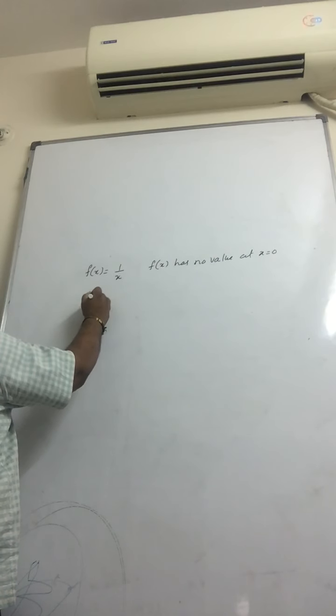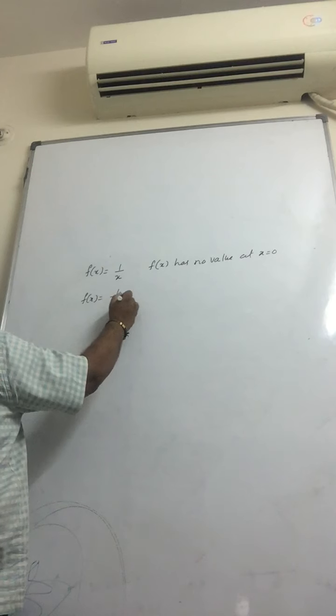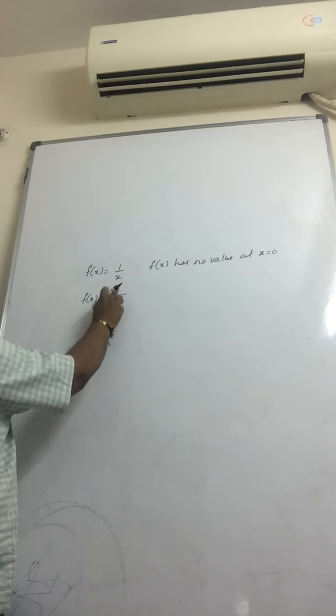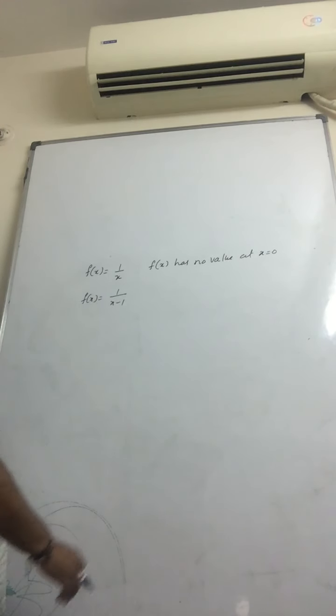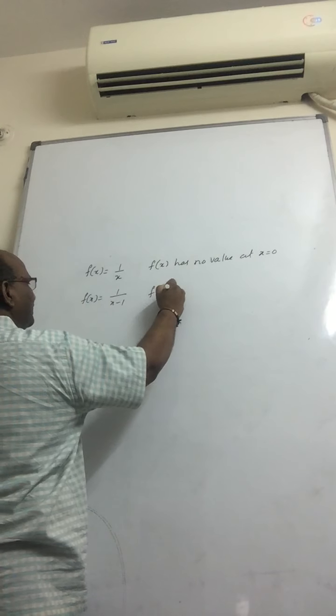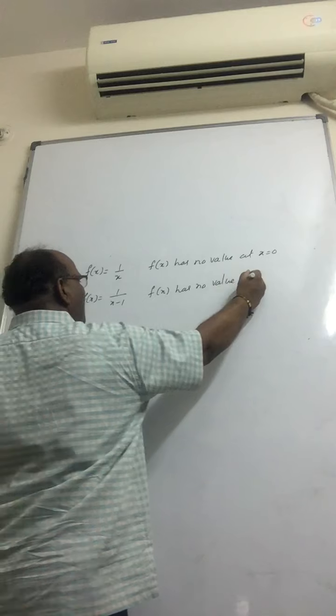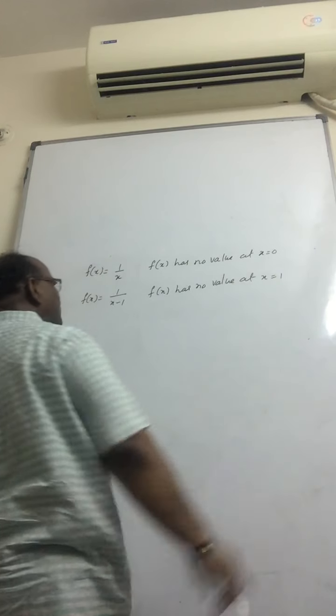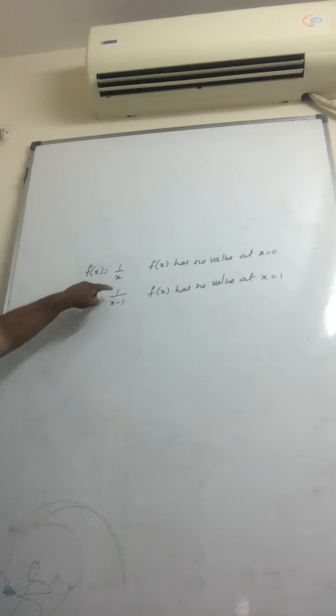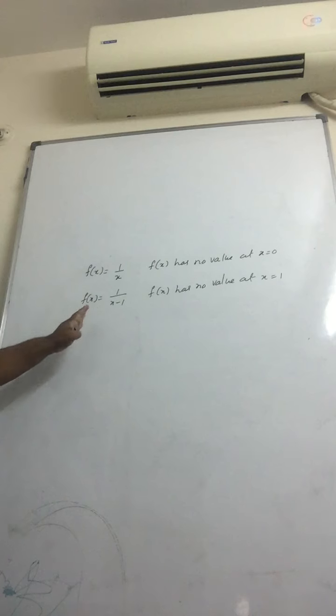If you consider f of x as 1 by x minus 1, for 0 no problem, 1 by minus 1, it has value at 0. But f of x has no value at x equal to 1. Once you take x as 1, 1 by 0 has no value. So different functions will not have values at different numbers.